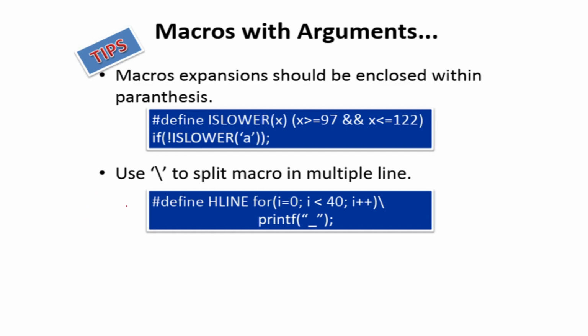For example, like this one, this is very vital. You see, I have written a for loop. I can have more than one line in a macro, keeping a slash at the end, but not in the last line. So if you write this, and within the main program you write H line, that's all.